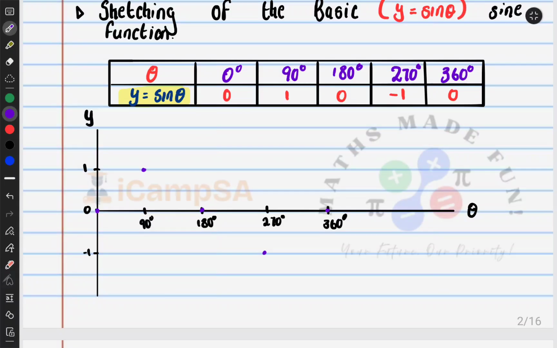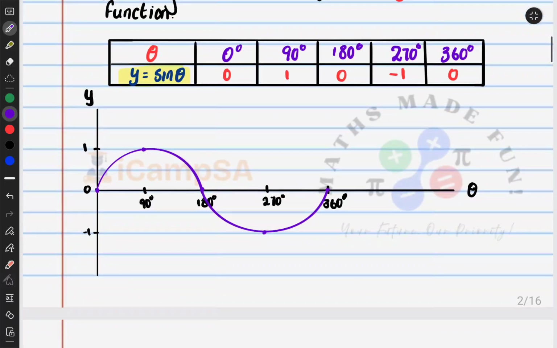Then what you do next is draw a smooth curve across your dots. Like that. This is how your sine function looks. It goes from 0 to 1 to 0 again to -1, and goes back to 0.